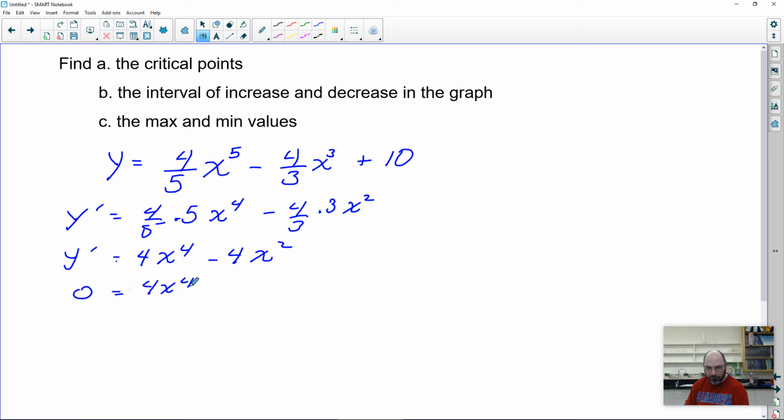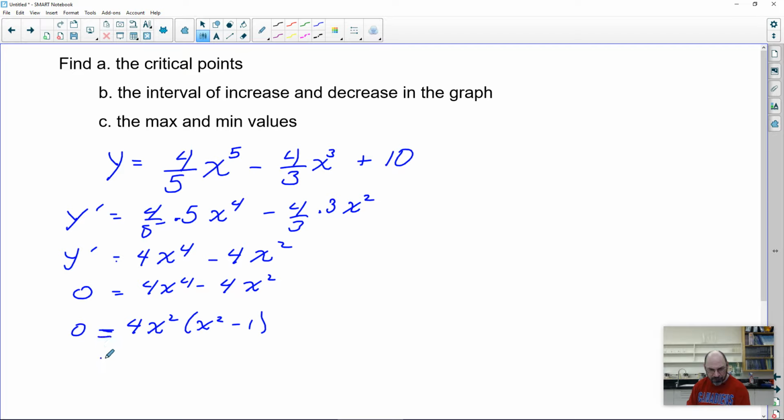4x to the 4th minus 4x squared. So we can take 4x squared out front. And that gives us x squared minus 1, which is a difference of squares.